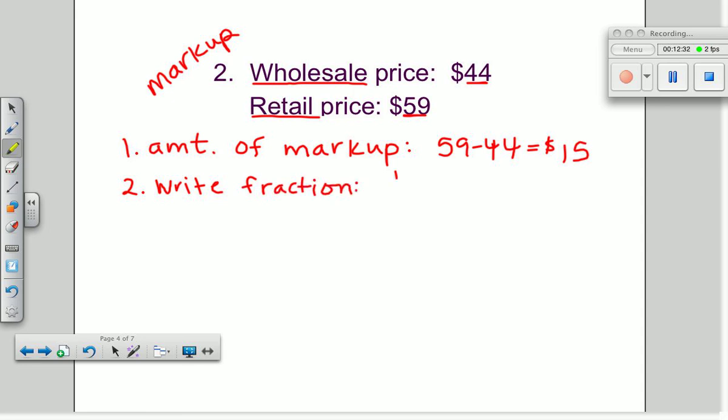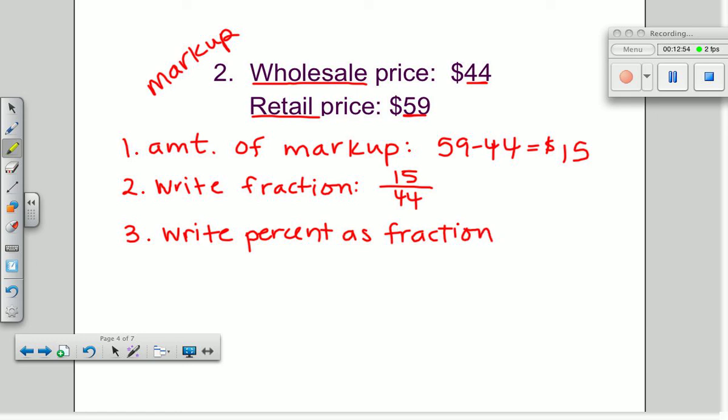So they marked it up $15 out of a total of $44. So the original price was 44, they marked it up 15. Next, we're going to write a percent as a fraction. And again, they want you to find the percent of this. So the percent is P over 100.